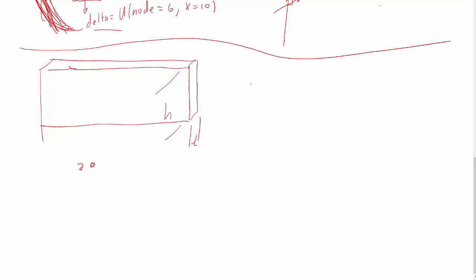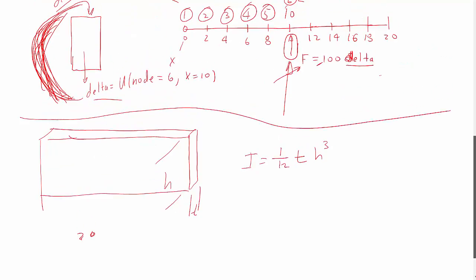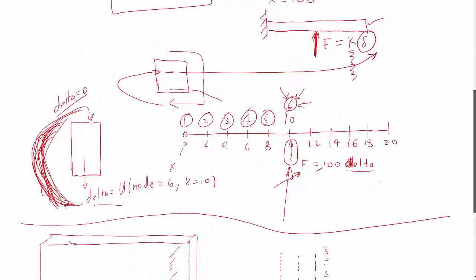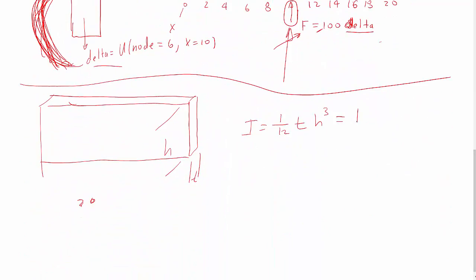Now if I'm doing this, my I is equal to 1/12 base, or thickness times height to the third. I can no longer do what I was talking about before because my I is equal to 1/12. So I need a combination such that T times H to the third is equal to 1.